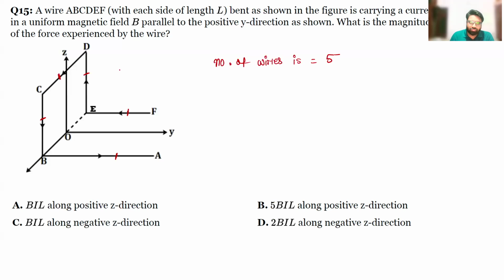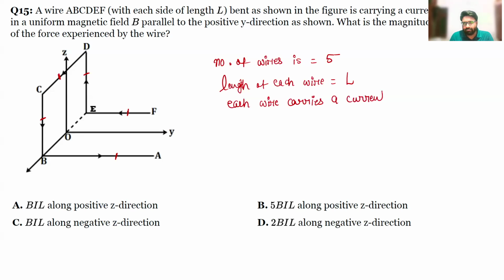Each wire carries a current, and the length of each wire equals L. Each wire carries a current equal to I ampere.